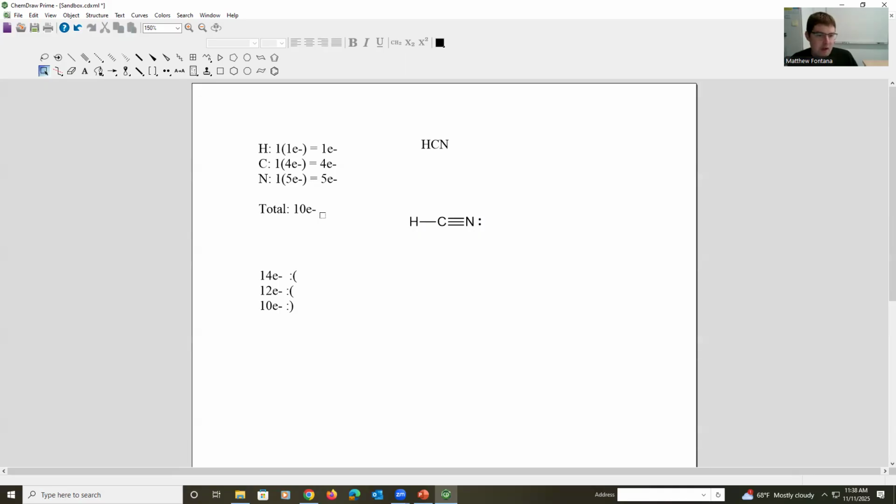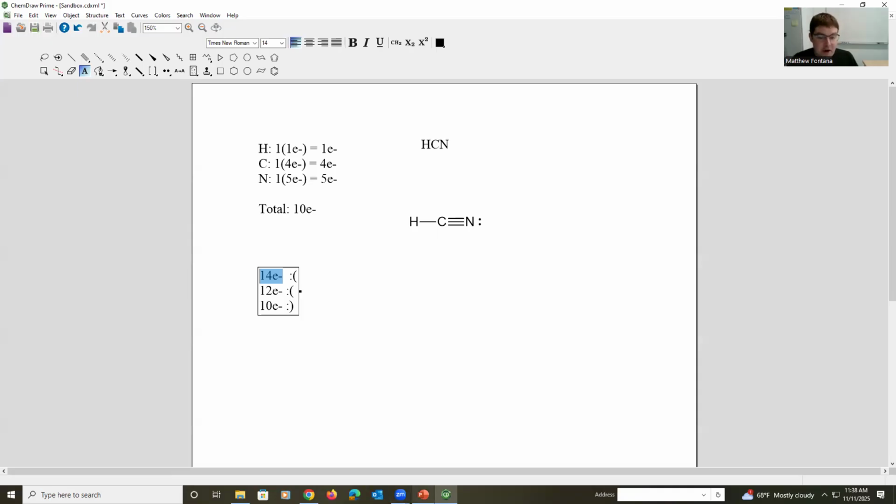So in the format that I recommend you do, draw single bonds to the center atom, give everything an octet with lone pairs, and then if the number of electrons you're using exceeds the number that you're supposed to, that means you're going to need to add either double bonds or triple bonds. Okay. One double bond counts the number of electrons down by 2, one triple bond counts the number of electrons down by 4.